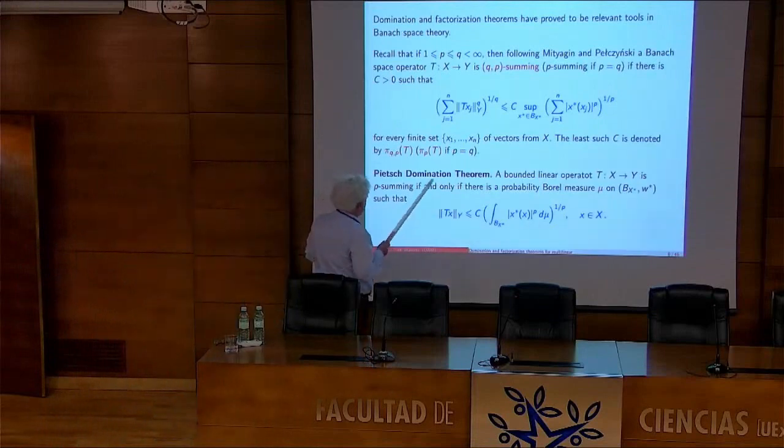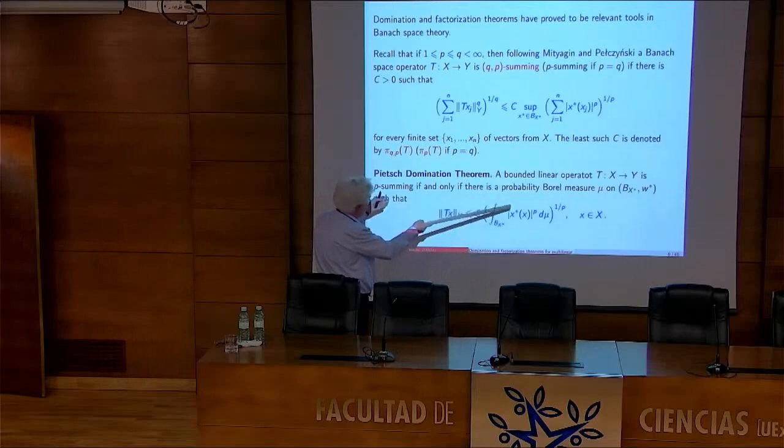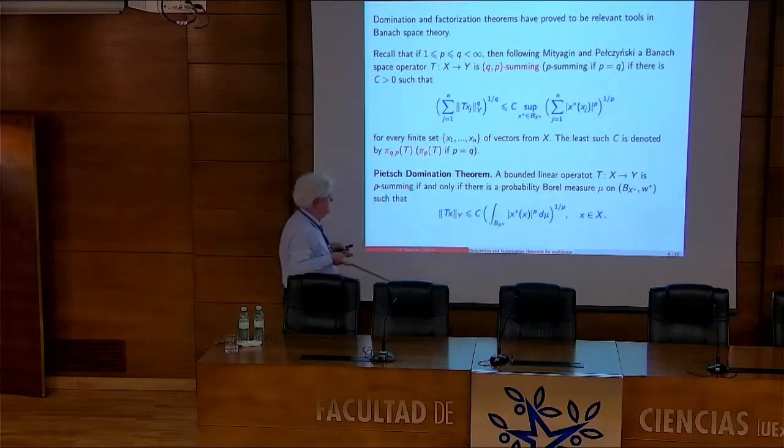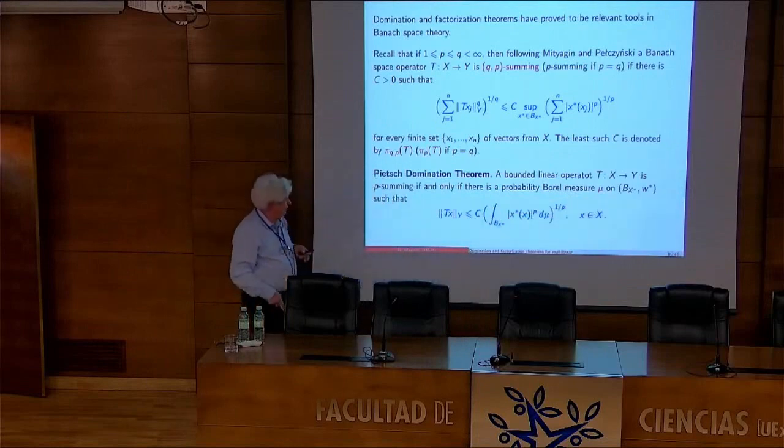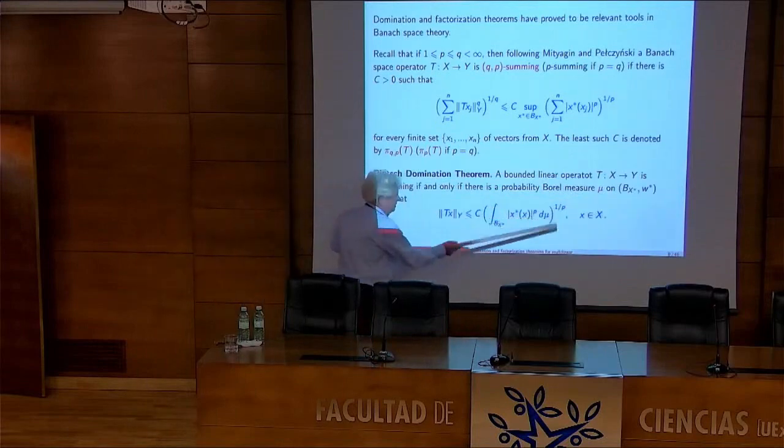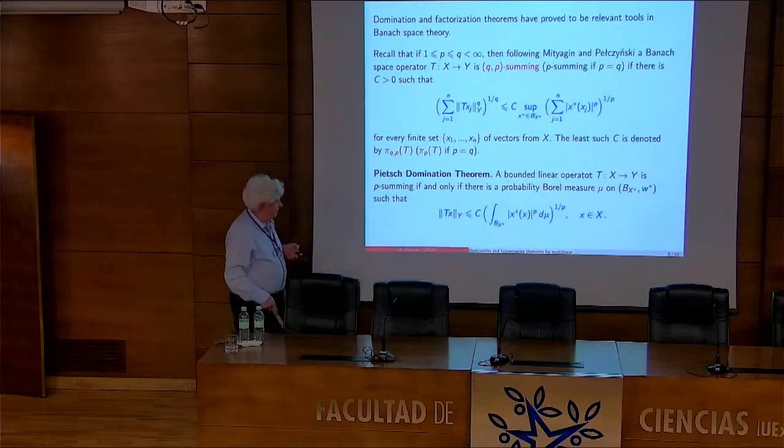Pietsch proved a deep, beautiful result which has many deep applications. It gives a characterization of p-summing operators, and this is the so-called Pietsch domination theorem. T is p-summing if and only if there is a probability Borel measure on the dual unit ball with the weak-star topology, for which we have this estimation with a universal constant.